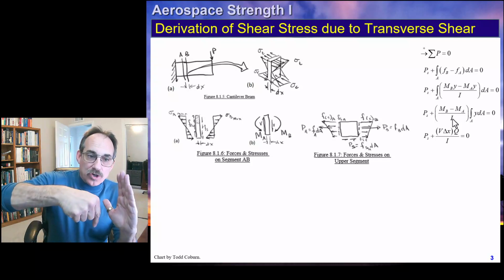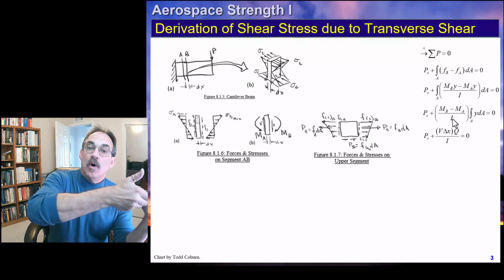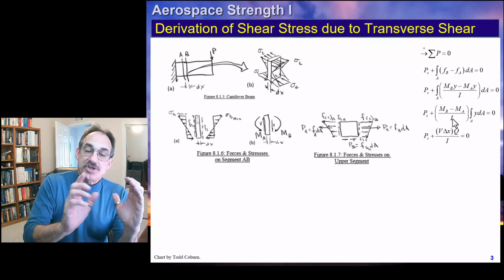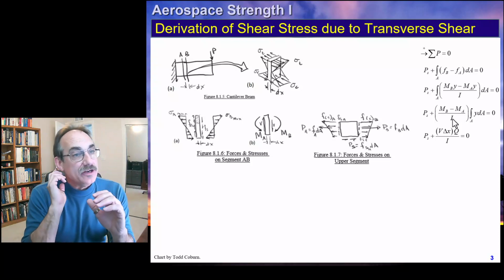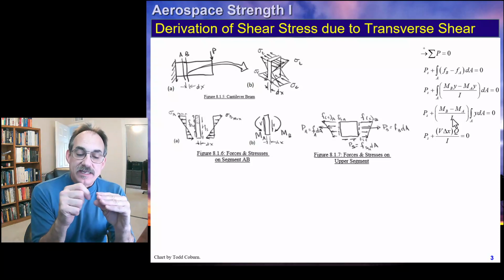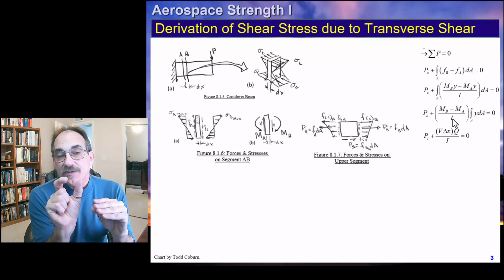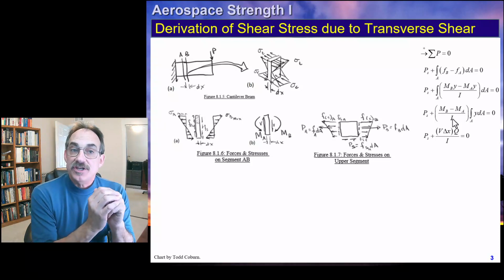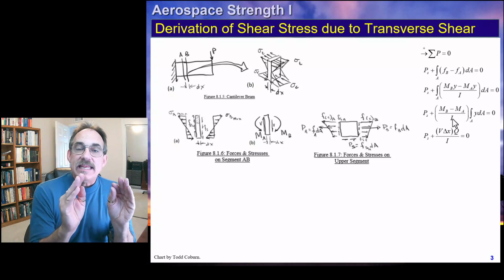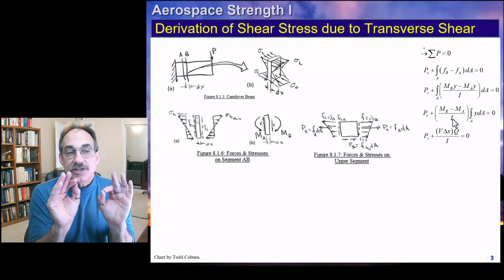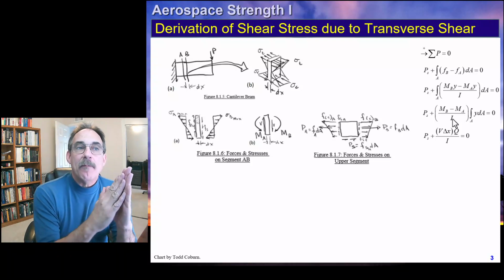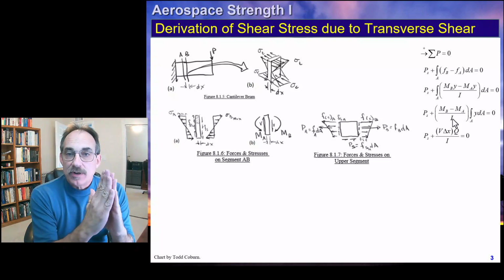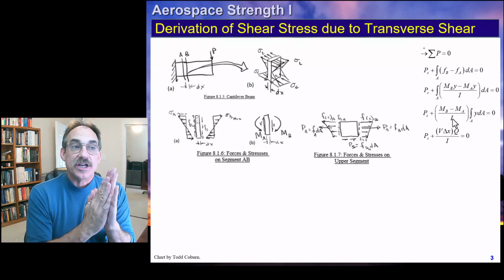So downward shear force causes moment to change. Upward shear force causes moment to change. So the force times the dx, that internal shear times dx, is equal to the change in moment. So V times dx is just that M at B minus M at A. Whatever that shear is times dx, that's how that moment is going to change.